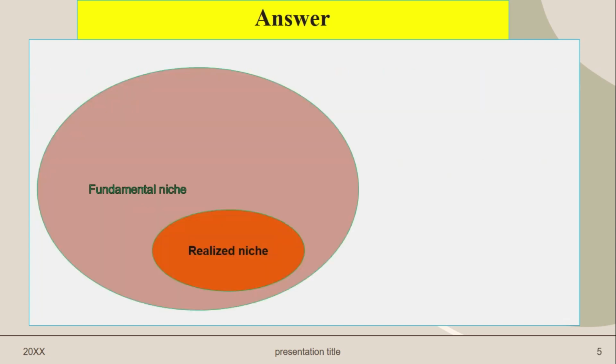Let's look at a diagram. This principle can also be demonstrated. The purple here would represent the fundamental niche of a particular species. Say this diagram is speaking about one species, for example.